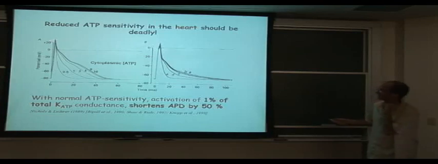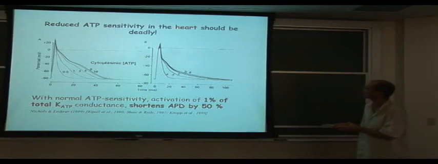And here are my early modeling efforts, which have been done in much more sophisticated ways by Yoram and colleagues now, to include a KATP conductance, a linear conductance, into, in this case, Denis Noble's Oxsoft heart model, and then scale the amplitude of the conductance by the ATP sensitivity of the channel under pseudo-physiologic conditions. The essence of the point is that at normal ATP concentrations in the middle 5 to 10 millimolar range, we expect to have almost no channel activation, and we'd have a normal action potential duration.